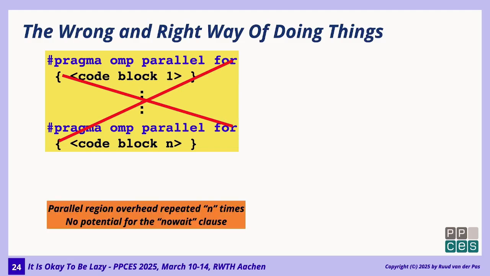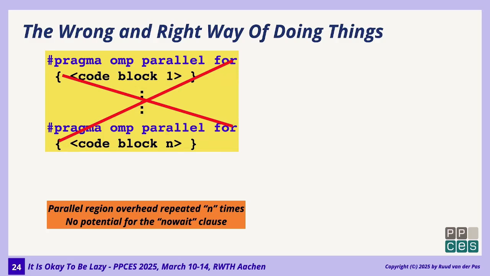Why? Well, first of all, this is a shortcut for a full parallel region. A parallel region is fairly heavy in terms of OpenMP. It's a fairly expensive thing to maintain at runtime. A lot of things going on. A lot of things can happen in a parallel region. So the cost of a parallel region is not zero.